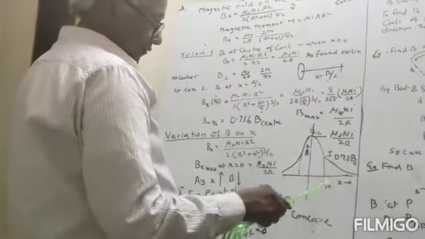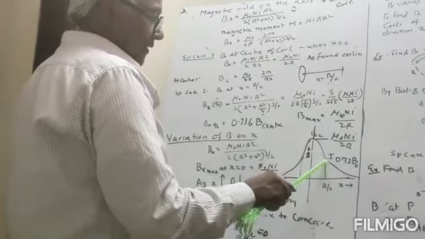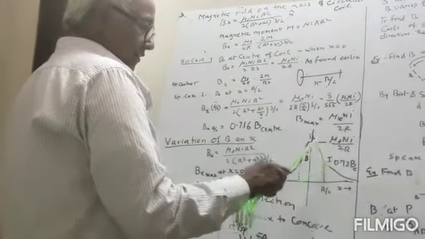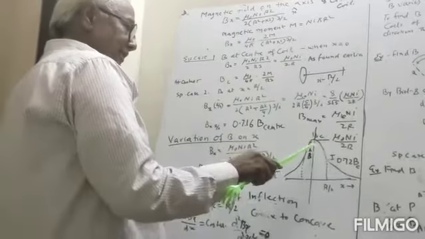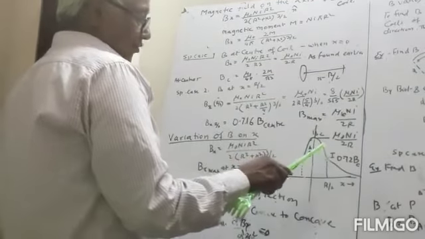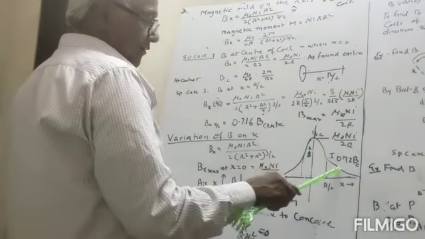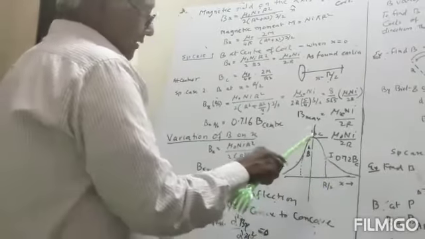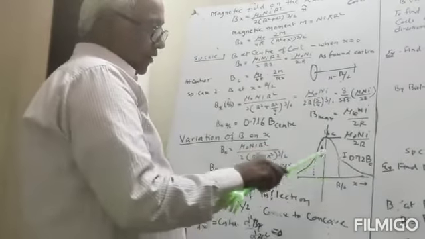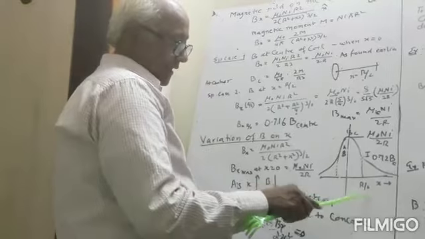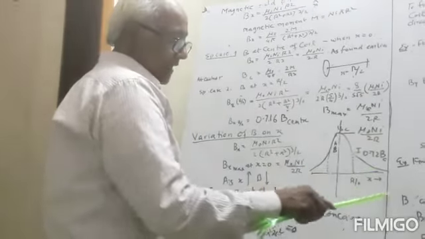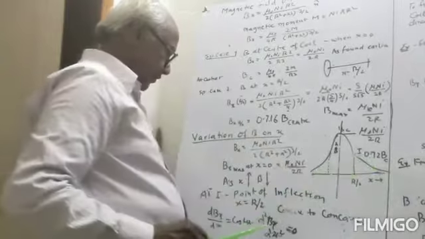At R/2 there is a point of inflection where the curvature changes from convex to concave, and its position is R/2 from here. So at x equal to 0, B is maximum. As we increase x, B decreases, and as x tends to infinity, B tends to 0.